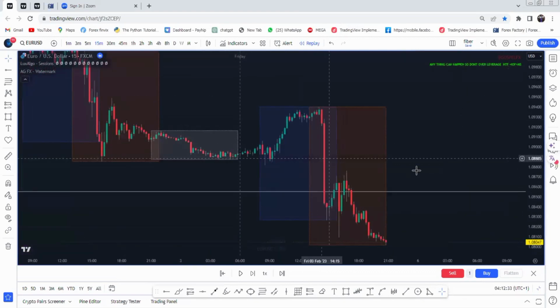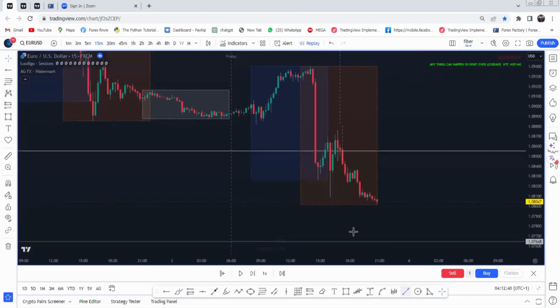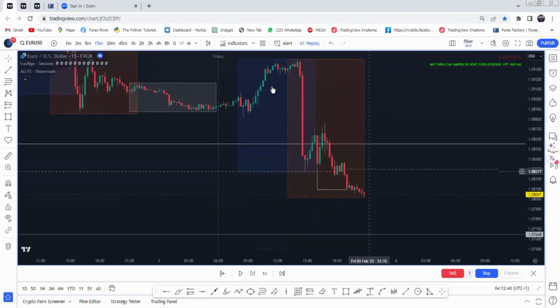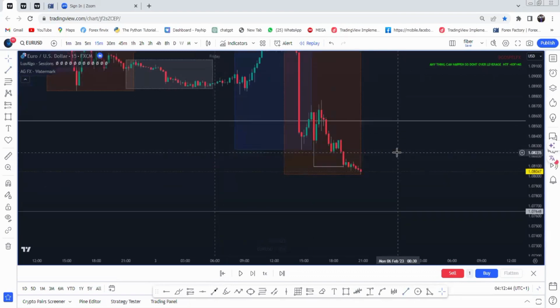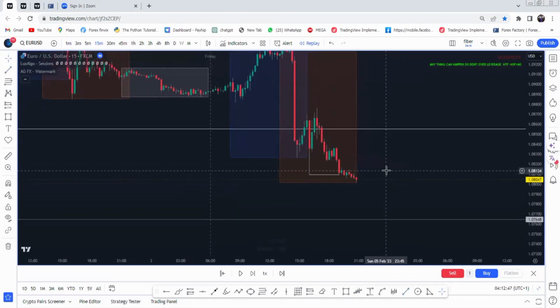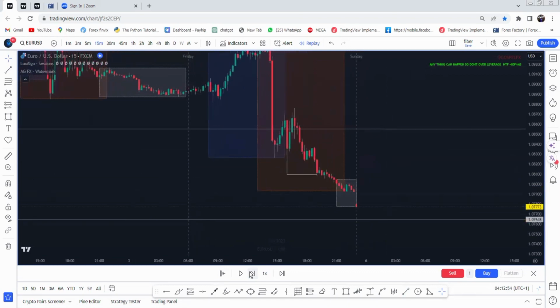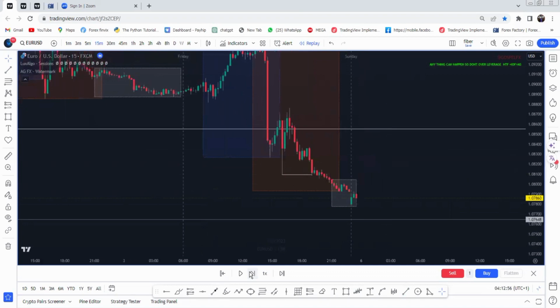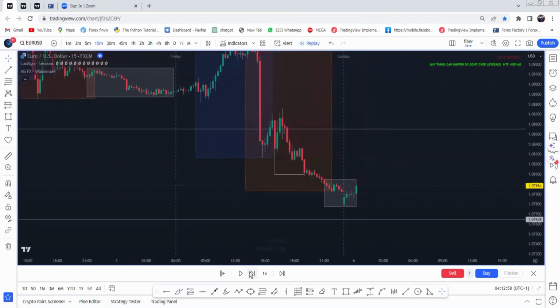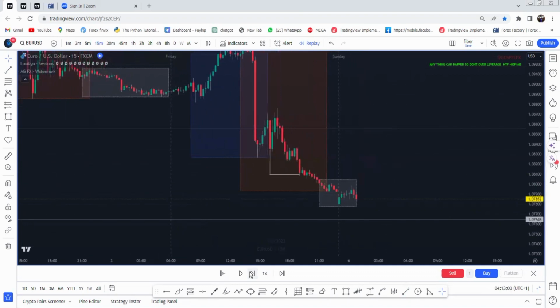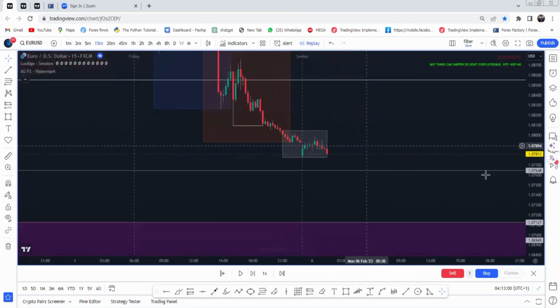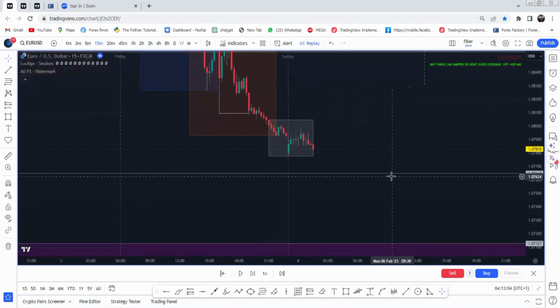There's a 15-minute fair value gap here, and immediately price closing below this low shows price is not going higher anytime soon until maybe the liquidity is grabbed already. So let's see. Asian session opens with a gap much lower. Let's see if London gives us displacement lower for us to sell.